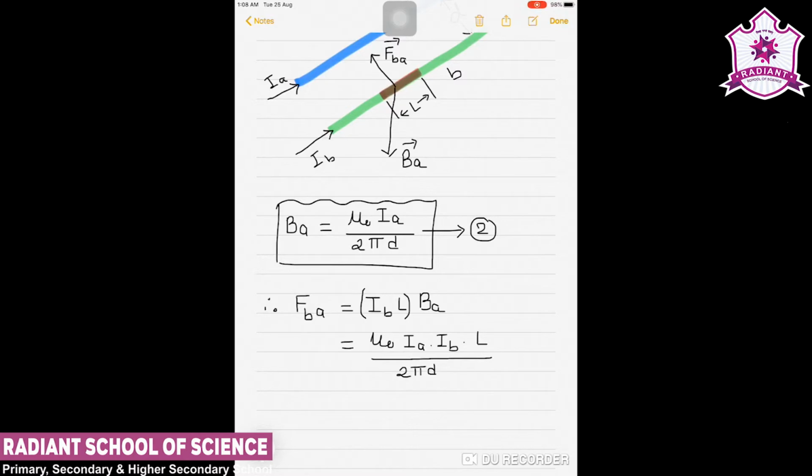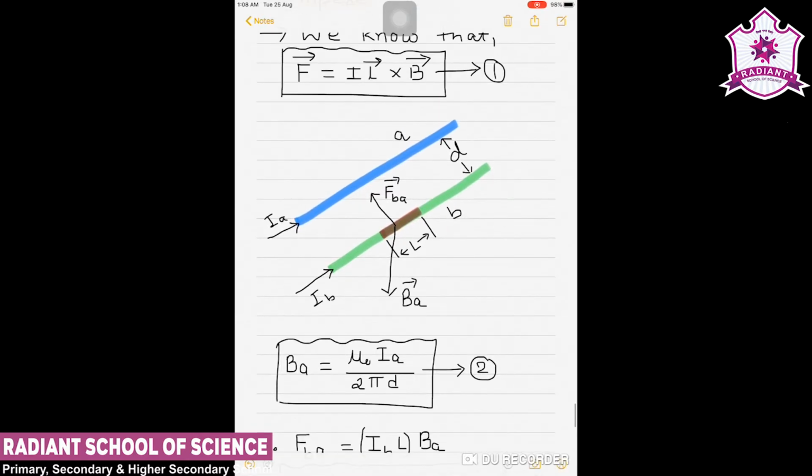Now exactly as per Newton's law or Coulomb's law, whatever force is exerted by wire A on wire B, the same force will be exerted by wire B on wire A. Here it is also very clear that the direction of the forces will be opposite.